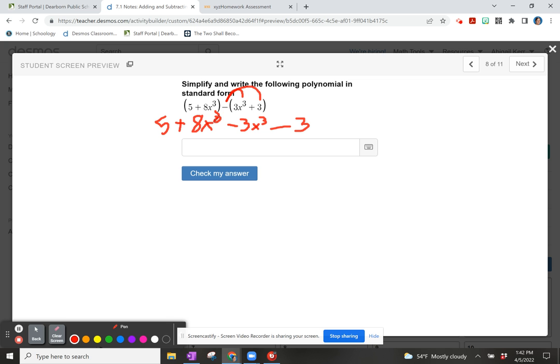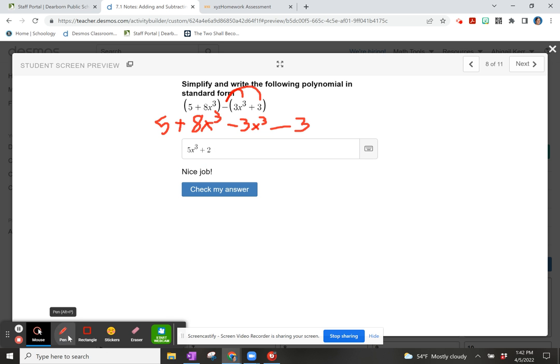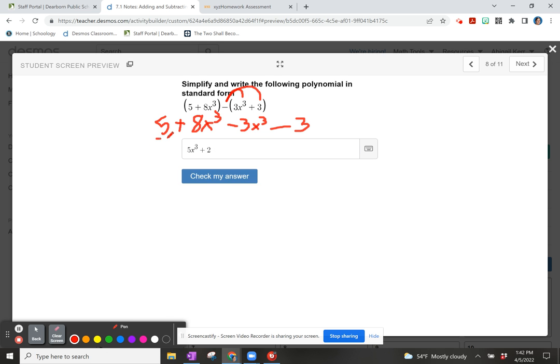So then from there, we combine like terms. Start with the biggest exponent first. 8x to the third minus 3x to the third gets you 5x to the third. 5 minus 3 gets you plus 2. The work that I need to see is the distribution and then the underlining of like terms.